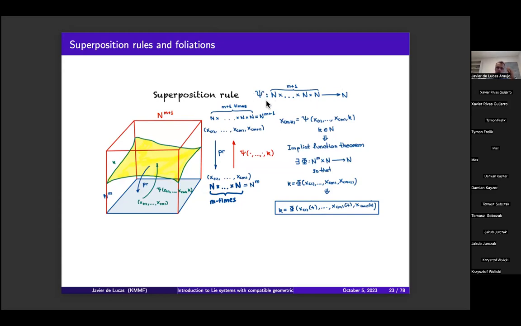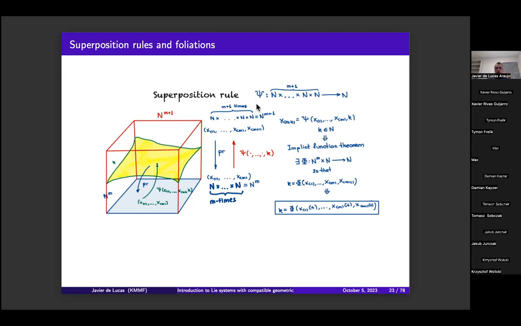So the superposition rule depends on m times n plus 1 copies of the initial manifold, because each one of these m plus 1 entries will be concerned with the first n copies for the m particular solutions. The last one will be about the parameter generating all the particular solutions of the differential equation, and the image will be in n because you are trying to retrieve the general solution.